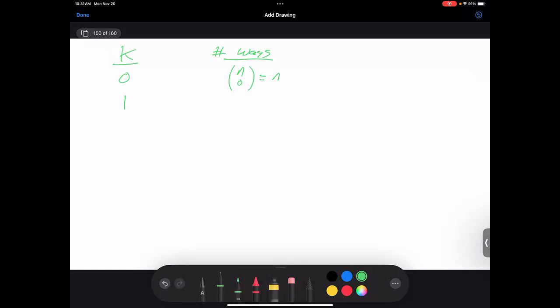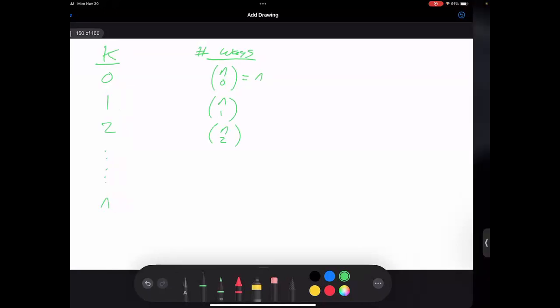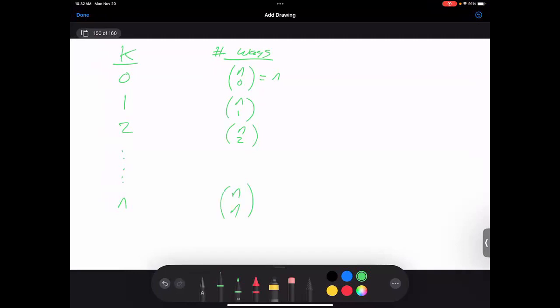How many ways can I do that? N choose 1. And there's only going to be one gap generated. When k equals 2, there's n choose 2 ways of doing this. All the way down to I could choose everything, and there's just going to be one way of doing that, n choose n. So the total number of gaps is just the sum, k goes from 0 to n, of k times n choose k.